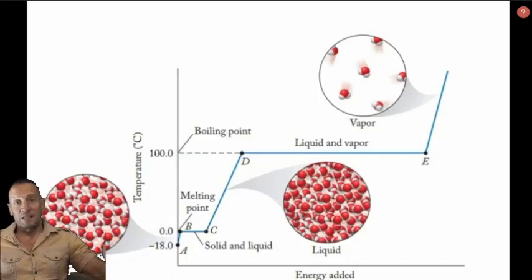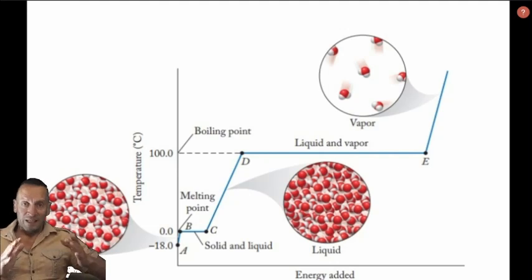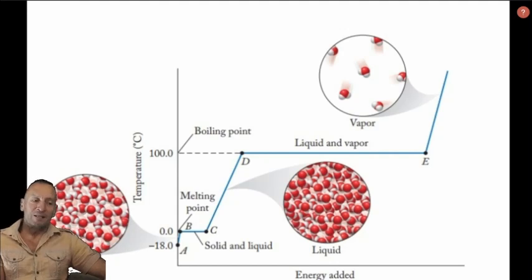Now, if that wasn't enough, now comes another phenomenon that maybe you didn't know. It's called the latent heat of water. Look at it now. There is the energy that we need to add, and there is the temperature.